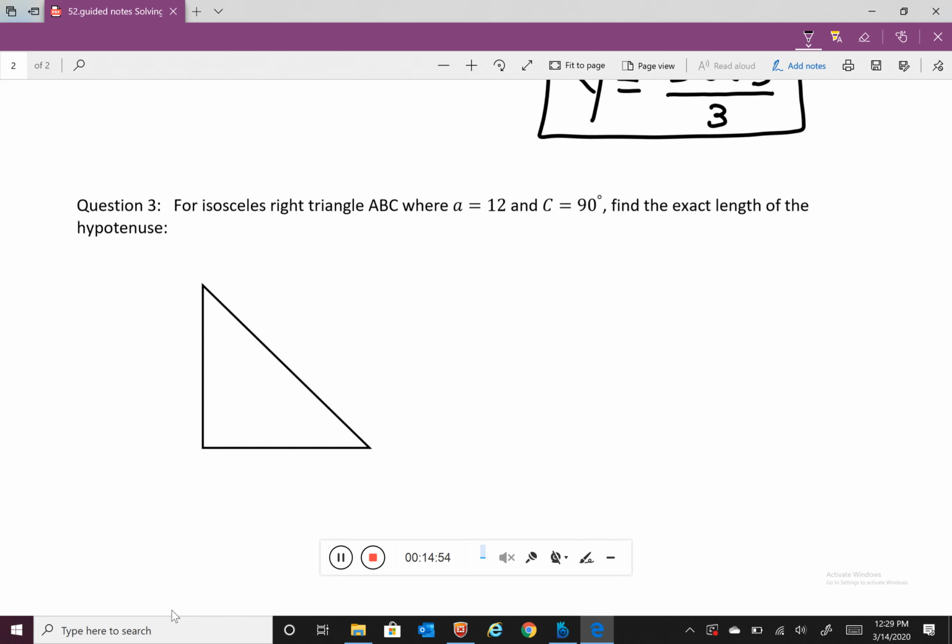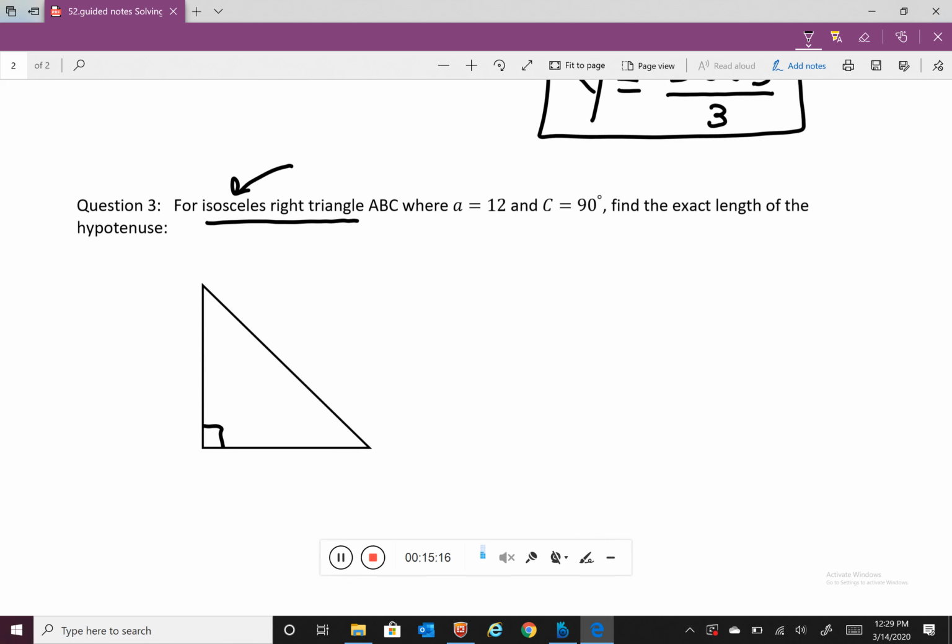Your last question for today, and I need to give you a little bit of information here. This is an isosceles right triangle, and an isosceles right triangle means two of the sides are the same, therefore two of the angles are the same. Right triangle means we have a right angle.